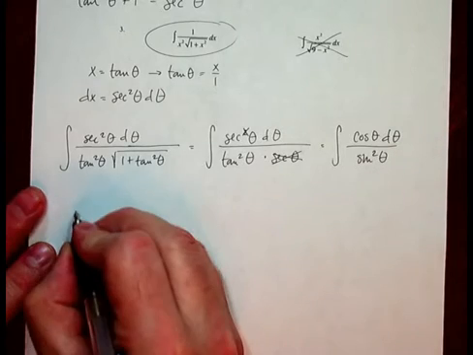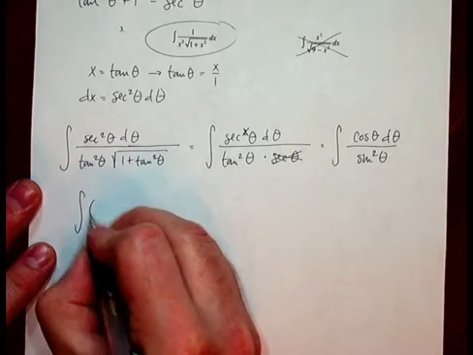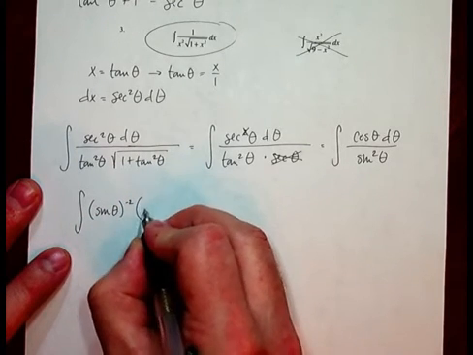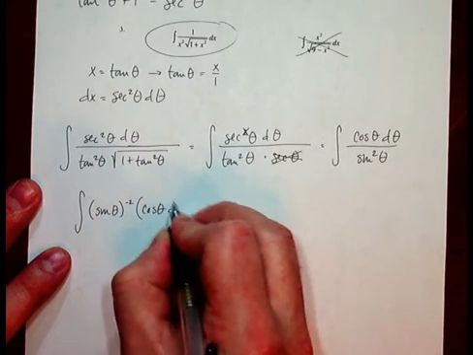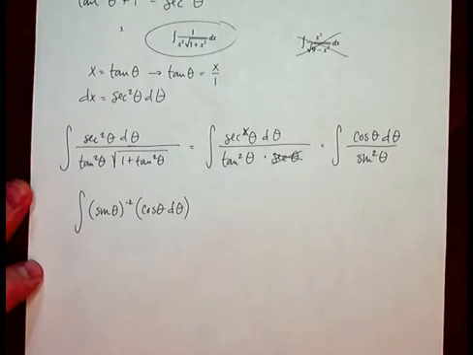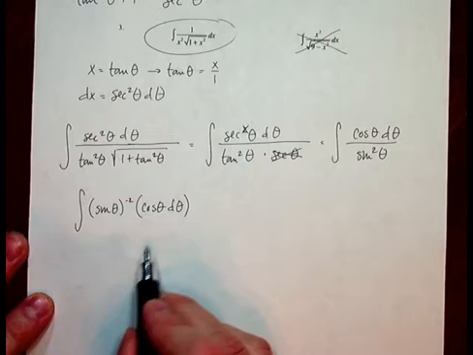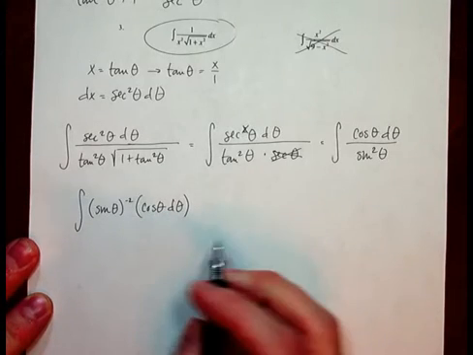Well, that's a little bit more helpful because then we can just use u sub for basically a power rule. If we rewrite it as sine theta to the -2, then this is my u to the -2, and this is my du right here.